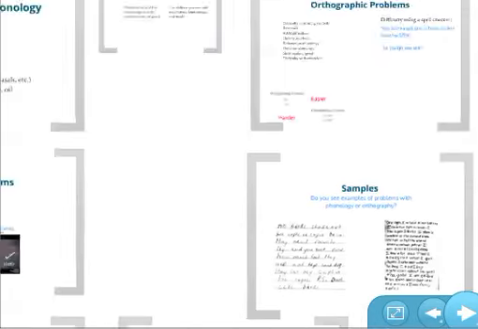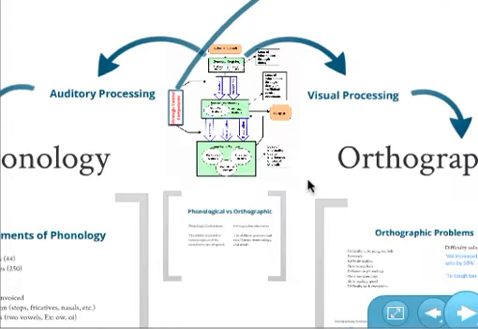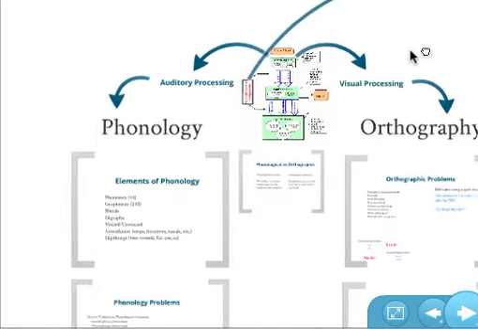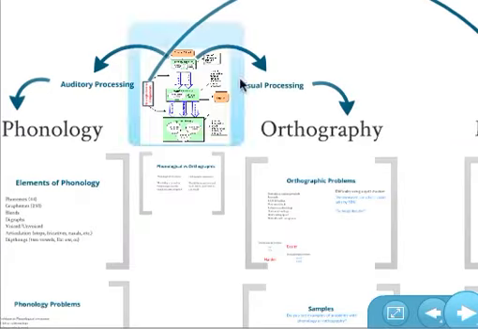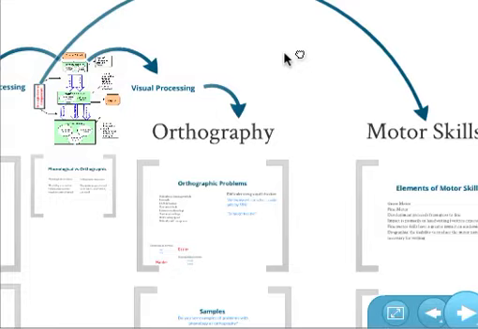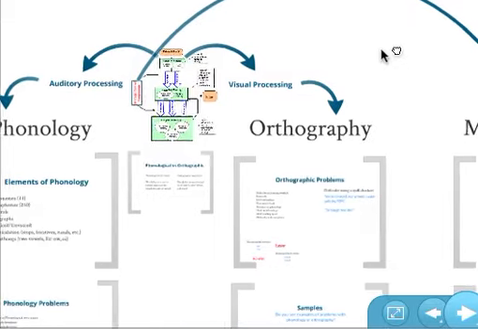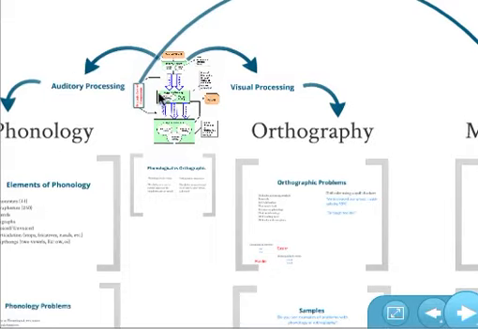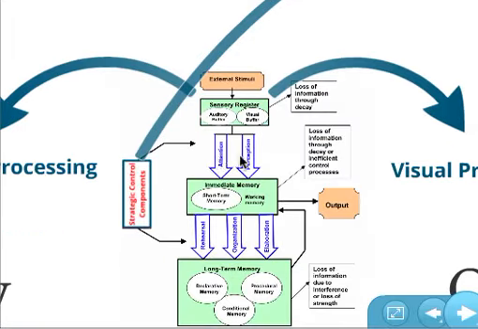So let's go back one more time to this issue of the model and the fact that motor issues and a student's motor skills could have a real effect on their ability to make use of their auditory and visual buffer, all right?